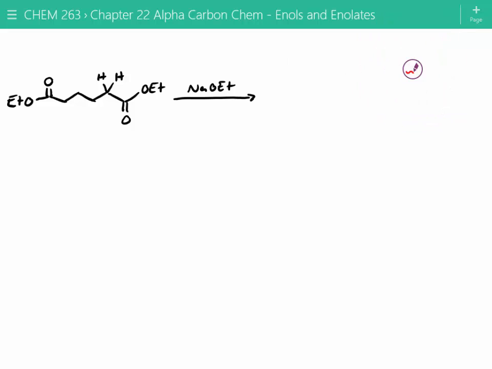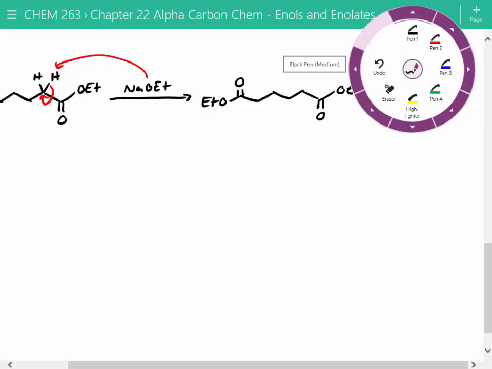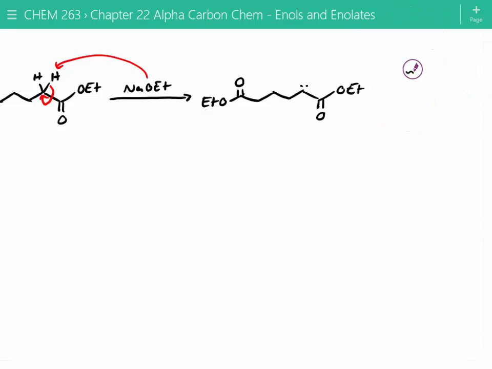So we've got alpha protons that we can deprotonate. Now we have a negative charge right here. This negative charge can actually attack itself, and when we do this, we get a 5-membered ring, if you remember from yesterday.